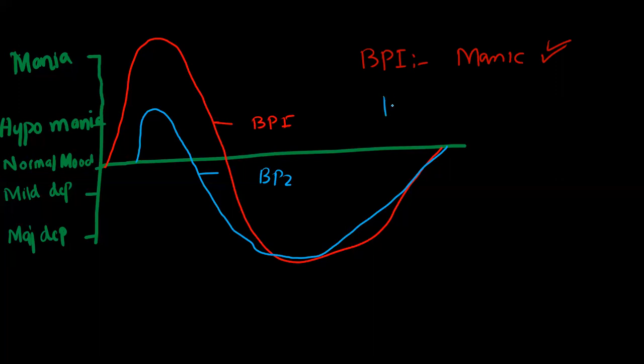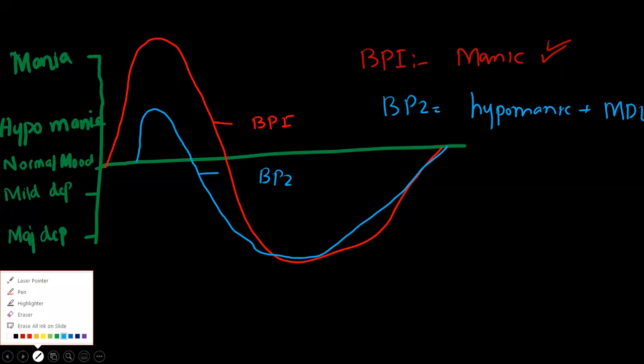In bipolar 2 disorder, the patient should have a hypomanic episode that is accompanied by a major depressive episode. For making the diagnosis of bipolar 2, we require hypomanic plus major depressive episode.